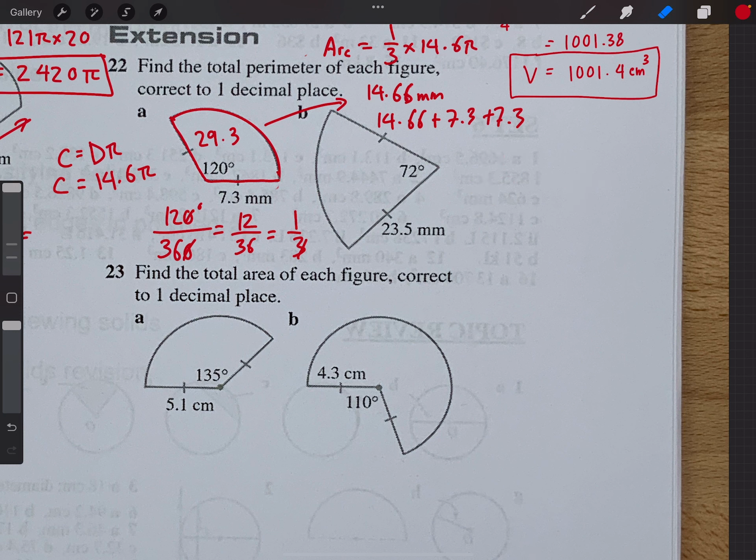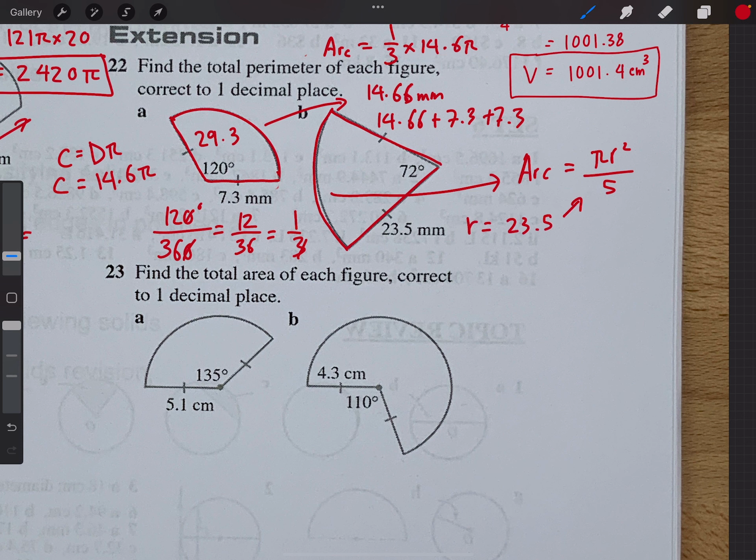You can do the rest. Find the circumference of the whole circle and then divide it by 5 to get this arc. And then you're going to add 23.5 and another 23.5. By the way, the radius is equal to 23.5. You can plug it in there and get the arc.